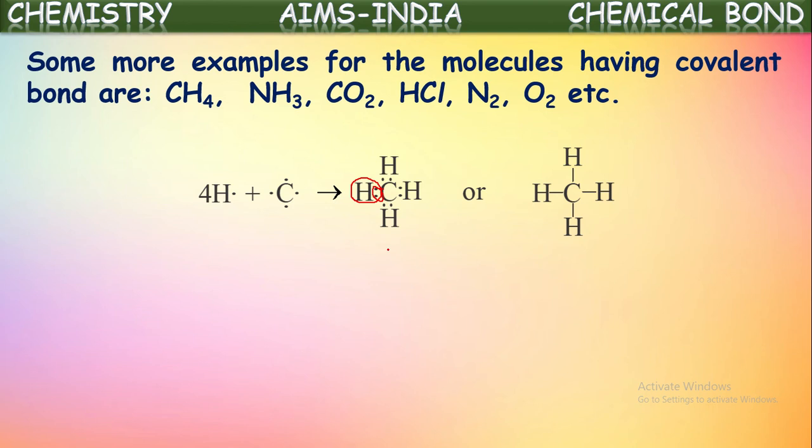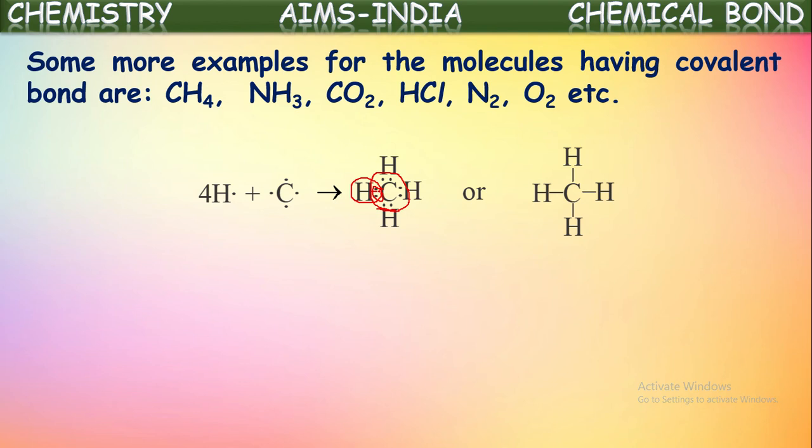In the same way, all the hydrogen atoms are getting a duplet configuration. At the same time, if we observe carbon, by sharing 4 pairs of electrons with the hydrogen atoms, it is also getting an octet configuration. In this way, with each hydrogen, it is sharing a pair of electrons by contributing one electron with each.